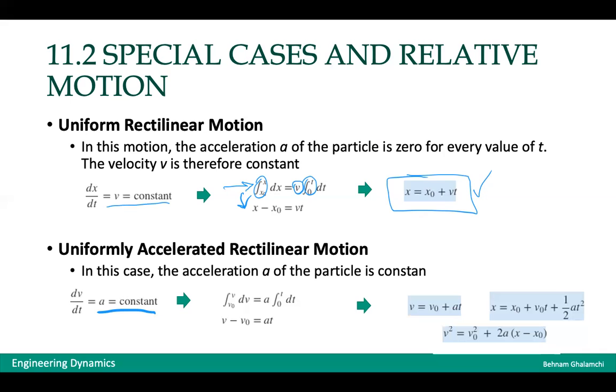Also, in some cases, the acceleration is constant. In this case, dv over dt is a constant value. If we take an integral, a will come out as a constant value. If we solve it, we end up with this form for the velocity. This equation tells us that the velocity as a function of time is equal to v0 plus at.